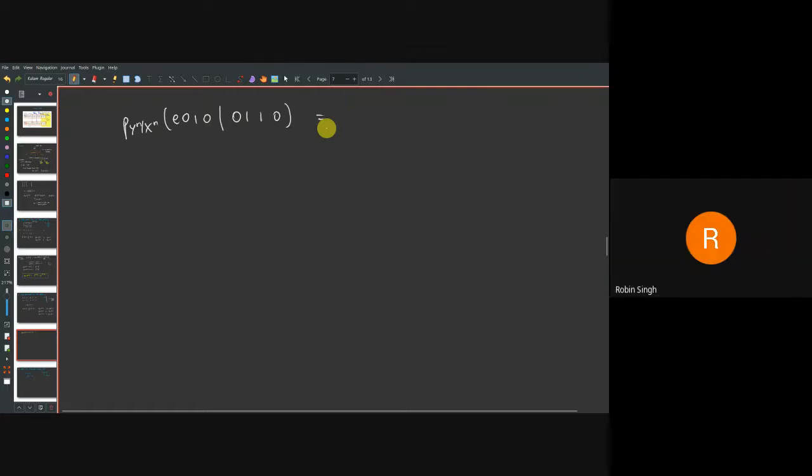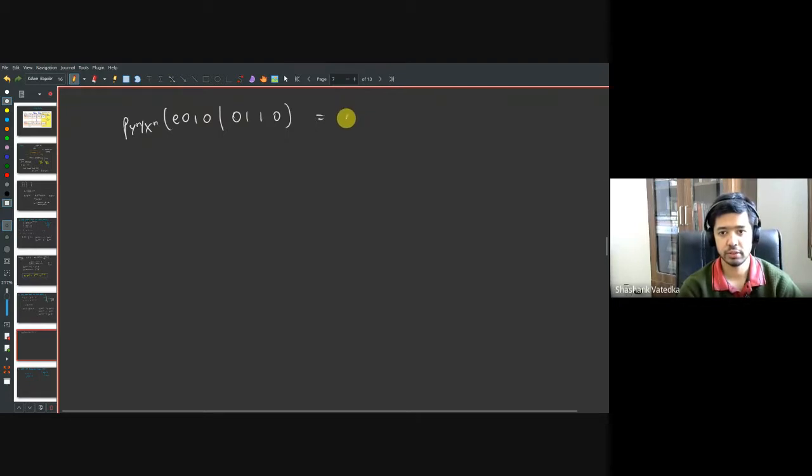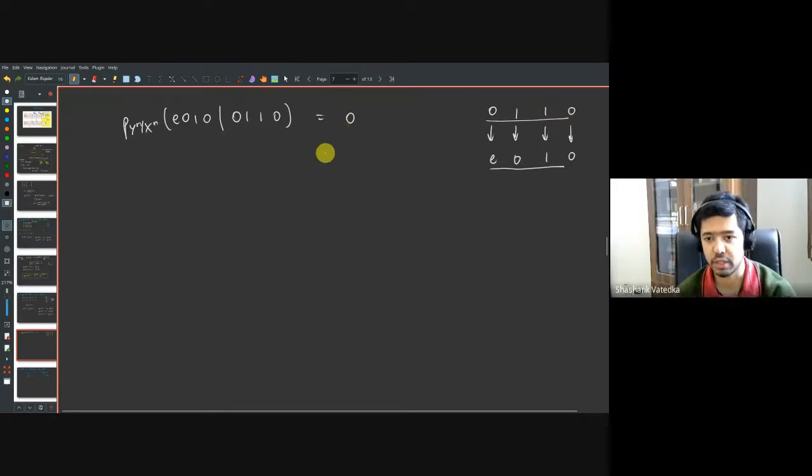Zero. Exactly, very good. This is 0 because at the input you had 0 1 1 0, and we're asking what is the probability that at the output 0 becomes E, 1 becomes 0, 1 remains as it is, and 0 remains as it is. So 1 can never become a 0. So the probability that you will see this at the output, given that this was sent at the input, is equal to 0. Any questions?